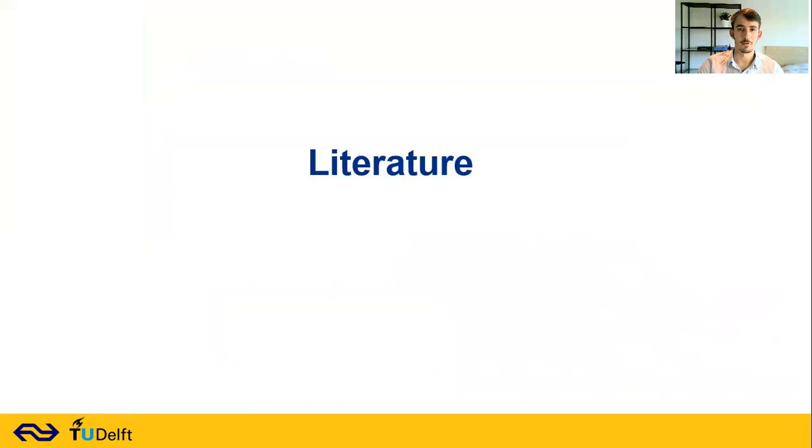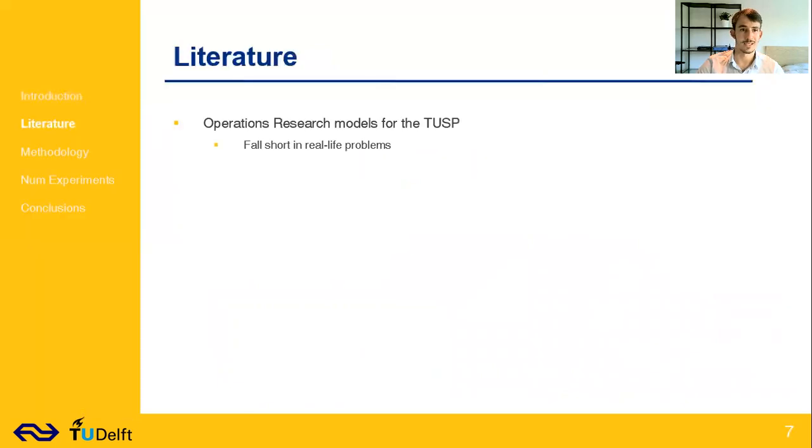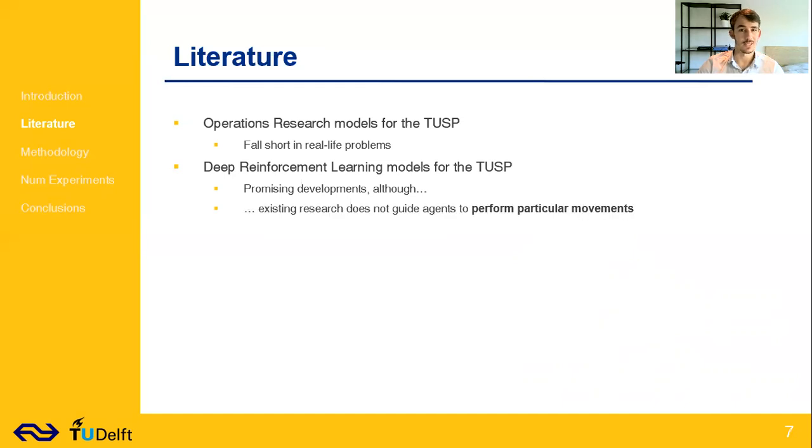I'll give a brief overview on literature. So, as I mentioned, there are classic operations research approaches in literature, but they fall short in real-life problems. There's too high computational complexity. But on the other hand, we have some approaches with reinforcement learning for this problem, with some promising developments, although there is still work to be done here, because existing research does not guide agents to perform particular movements or decisions.